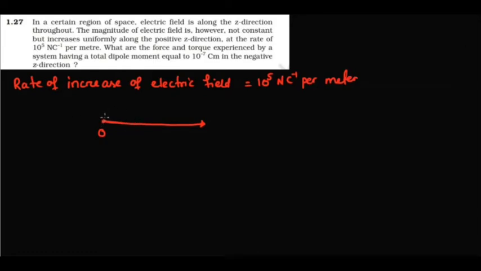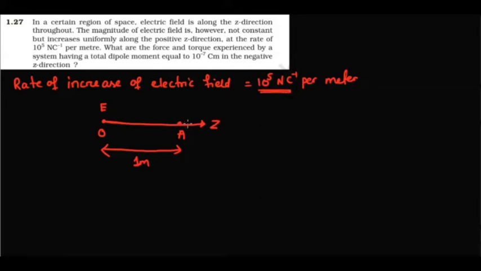Suppose electric field at the origin is E, then let us say the point A is at a distance of 1 meter from the origin. If we move along the positive z direction by a distance of 1 meter, then the electric field will increase by this amount, 10 to the power 5 Newton per coulomb.